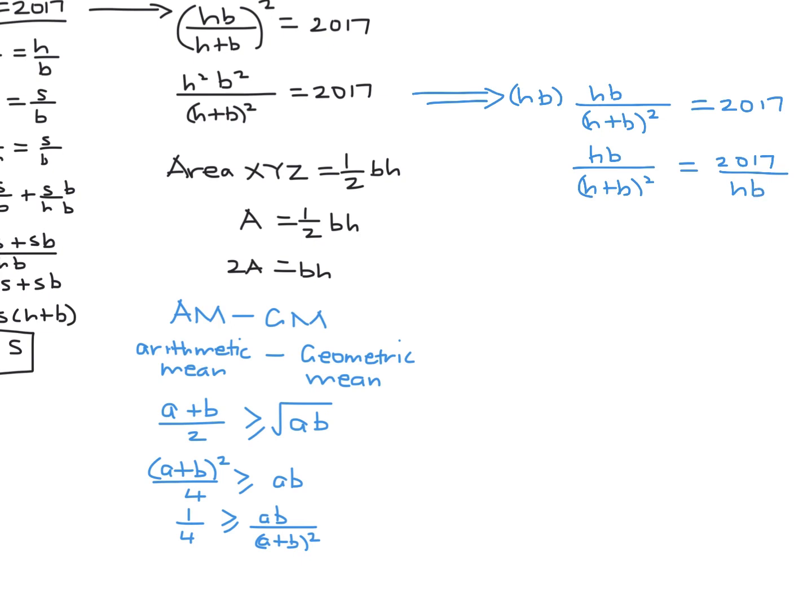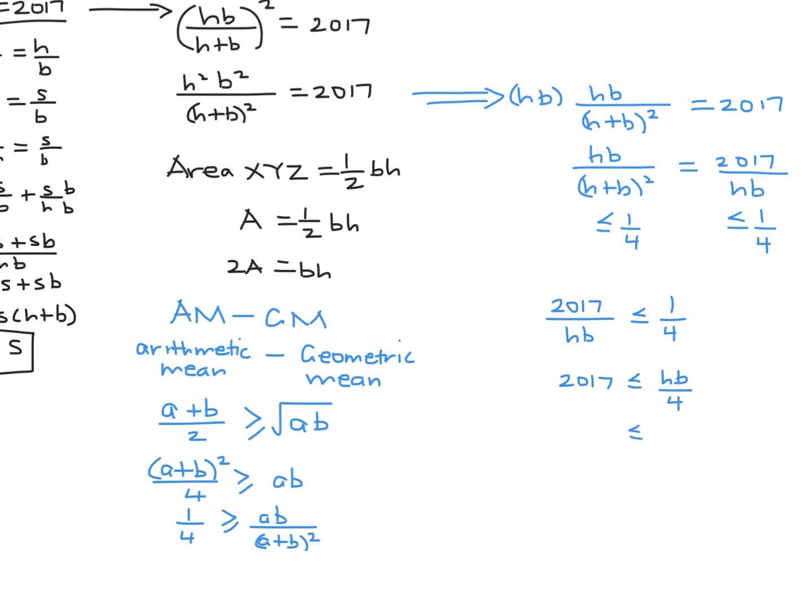And based on the AM-GM inequality, we know that that is going to be less than or equal to 1/4. So this is less than 1/4, and therefore this is less than 1/4 since those are equal. So that means that if you were to just look at that part, 2017 over hb is less than or equal to 1/4. So cross multiplying, you'd get 2017 is less than or equal to hb over 4.